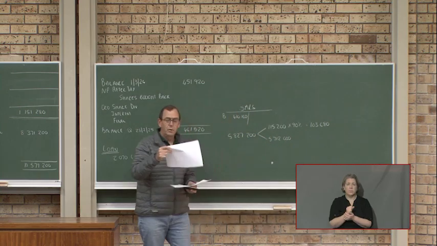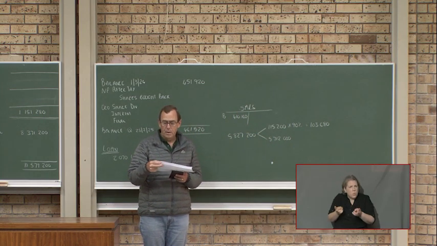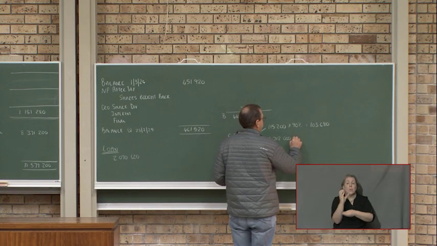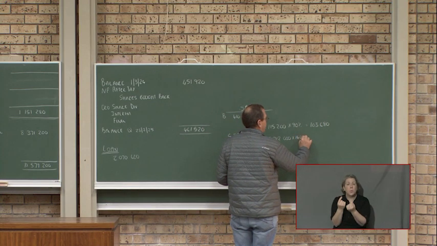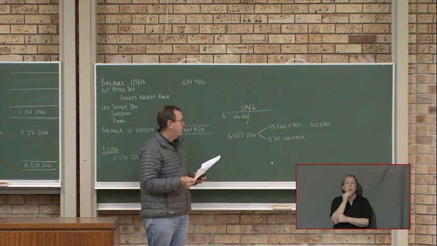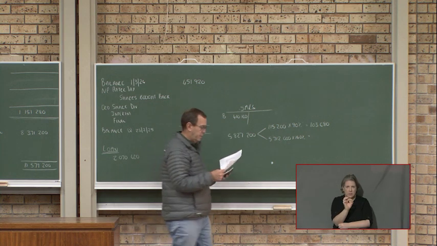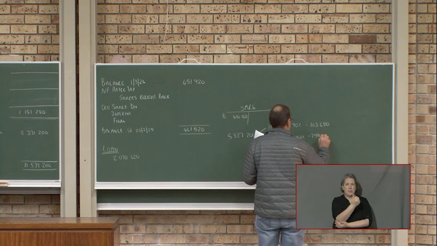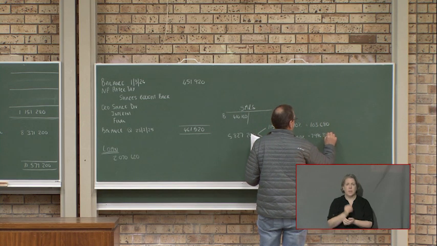They say they normally sell their stock at a markup of 40%. So we will multiply that by 140%. Remember, we want a bigger figure, so we multiply by 140%. And that gives you 996,800.